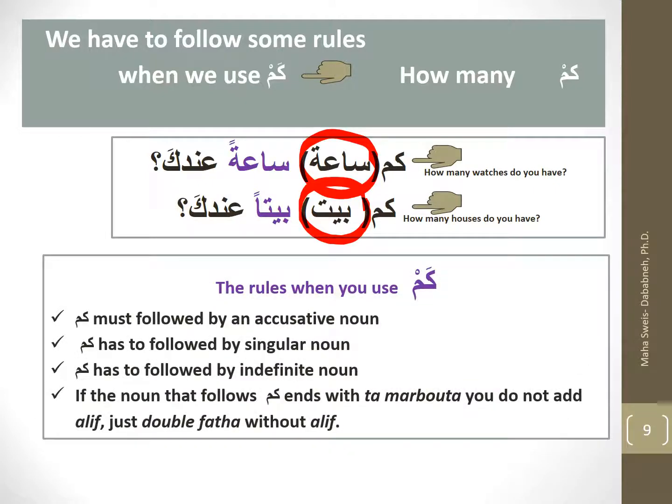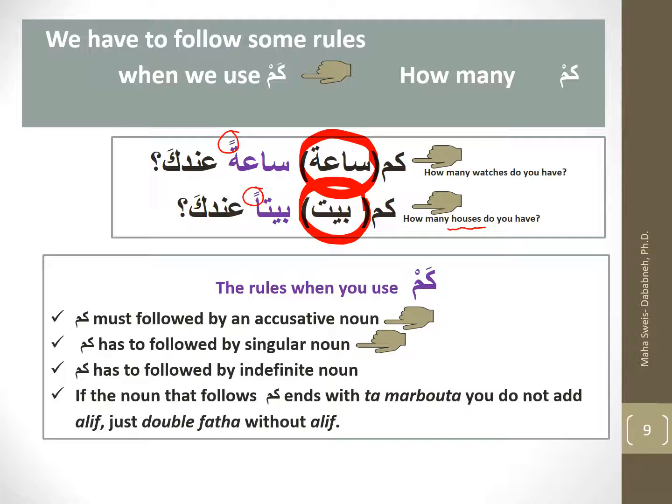The first rule we have for كم is that it has to be followed by an accusative noun. Accusative noun. ساعة، بيتا. The second thing, كم has to be followed by a singular noun. In English you say how many houses do you have? In Arabic we say how many house do you have?